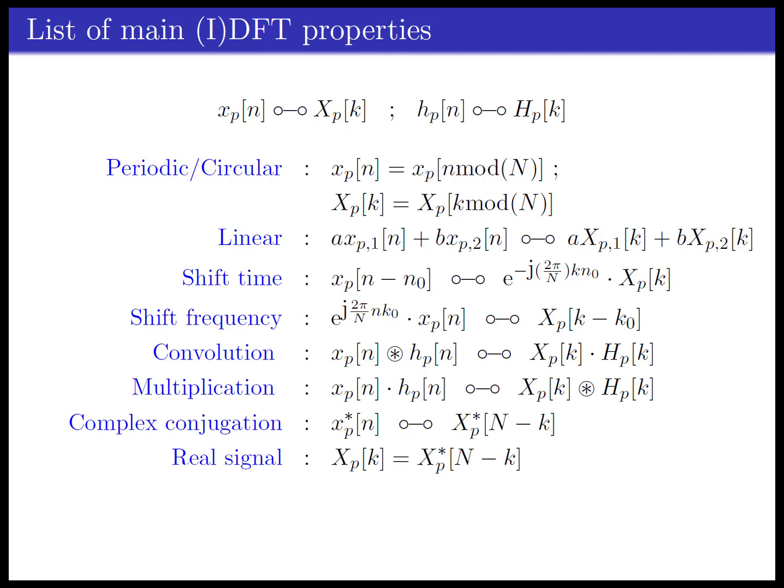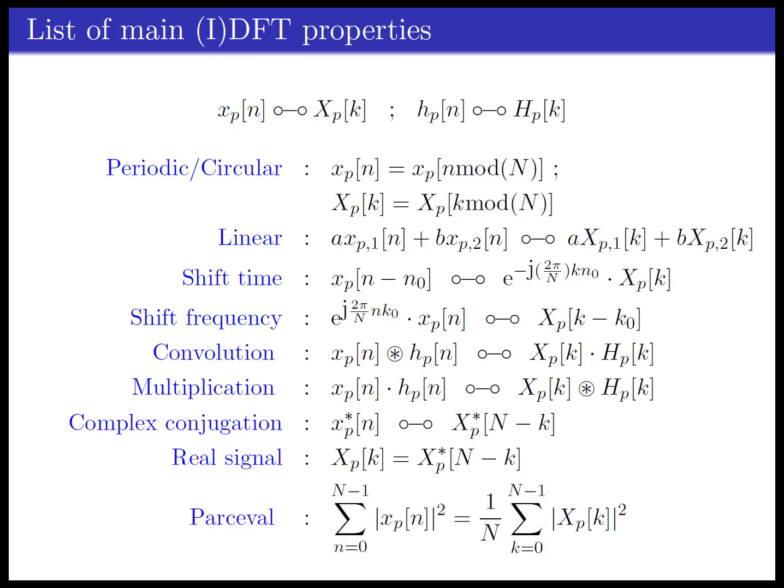We will show that complex conjugation results in mirroring in a circular way in the frequency domain. As a result, this implies that for real signals only half of the DFT samples are unique and have to be calculated. Finally, we will show that the DFT operation preserves energy.